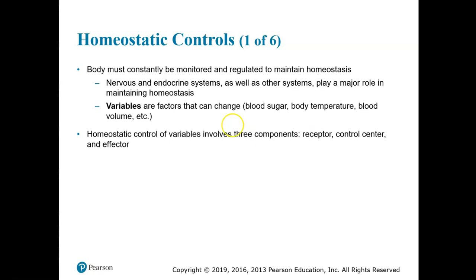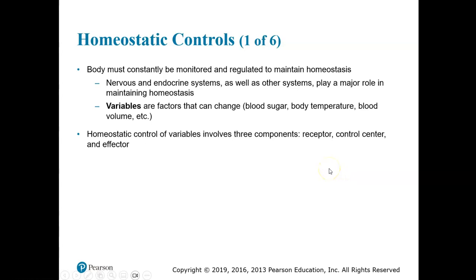Variables are factors that can change. So for example, one variable that we look at is body temperature. Homeostasis would help maintain that body temperature at around 98.6 degrees Fahrenheit. Another one is blood sugar or blood glucose levels. And of course, our pancreas produces the hormones insulin and glucagon to regulate those blood glucose levels.